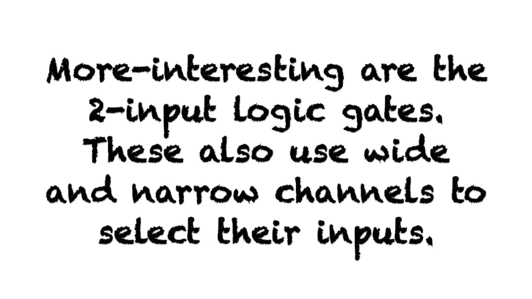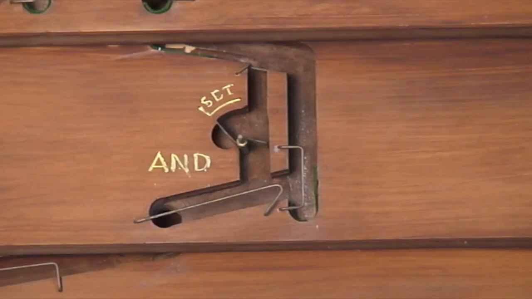More interesting are the 2-input logic gates. These also use wide and narrow channels to select their inputs. Firstly, the AND gate. If any small ball is received, it passes straight through, thus giving a 0 output. If the second input is 1, it is retained. However, the first 0 sets a switch in passing, so that a second 0 is caught, and only 1 0 is output.